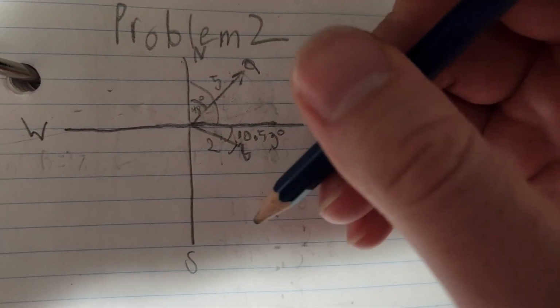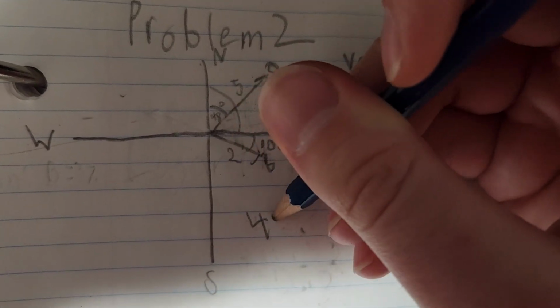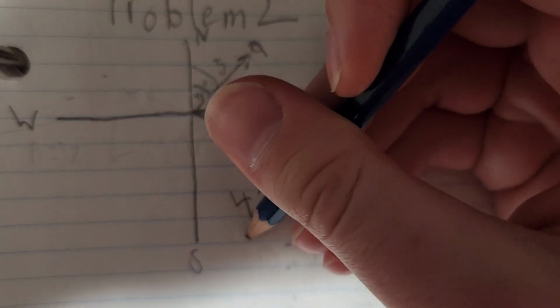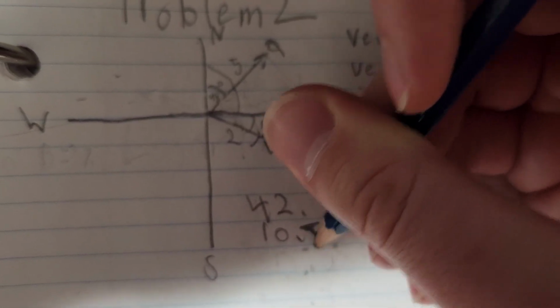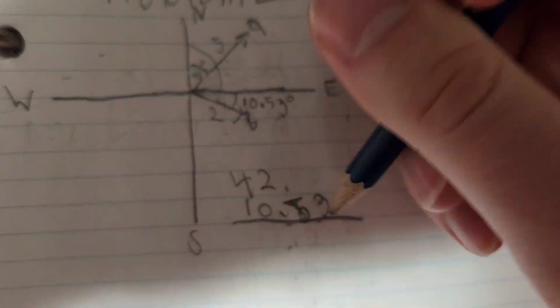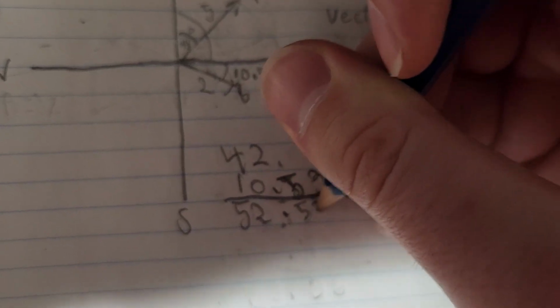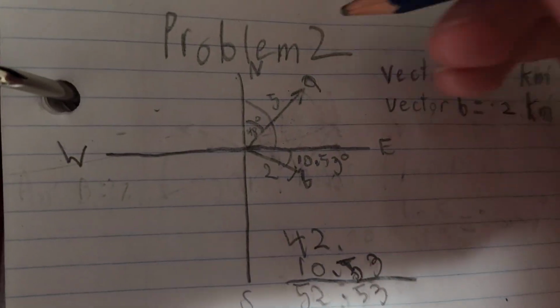So we can actually add 42 and 10.53 degrees, and we get 52.53. Quite lovely. Not the cleanest number, but it is quite lovely.